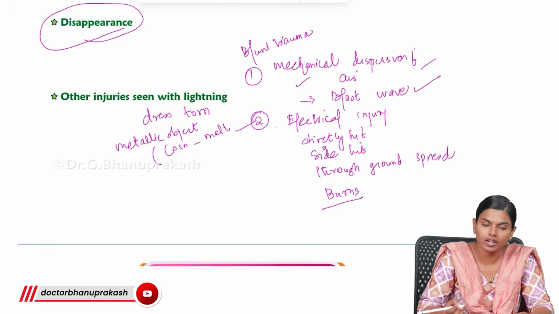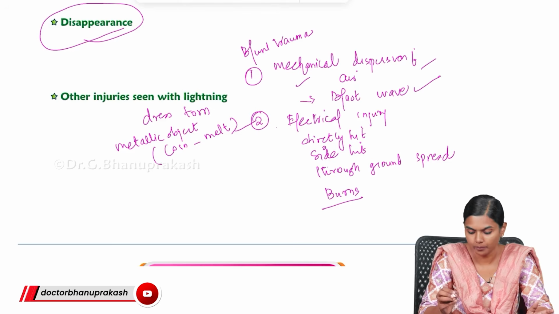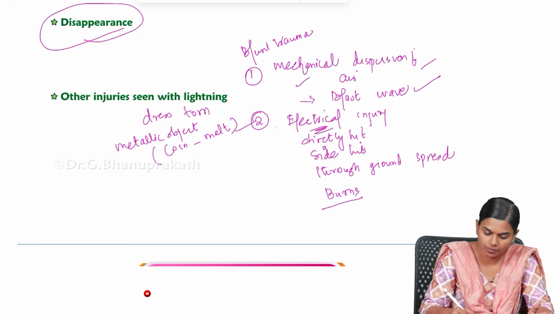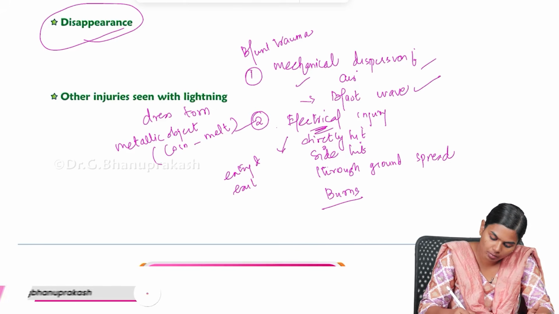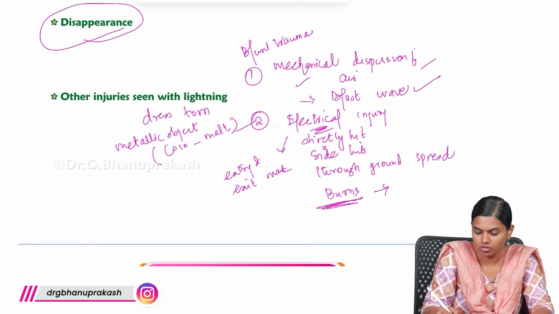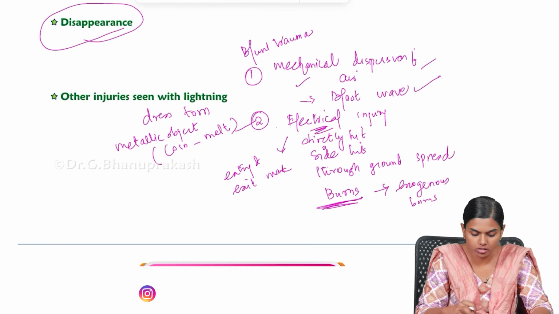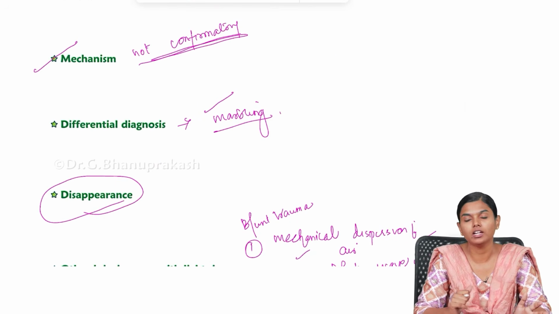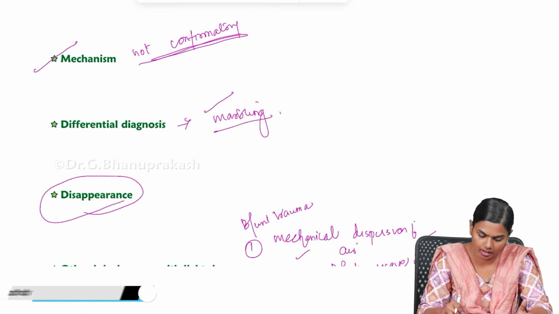All these findings are seen in case of lightning. And if it is an electrical injury, you will get to see an entry and exit mark. And if it is a burn, you will get to see the exogenous burn injury in case of lightning death. So, these are the important postmortem findings that you will see in lightning death.